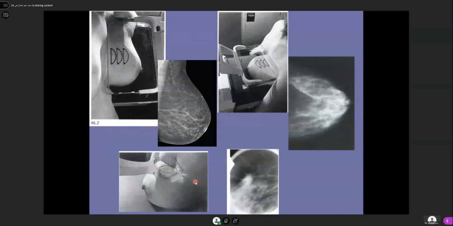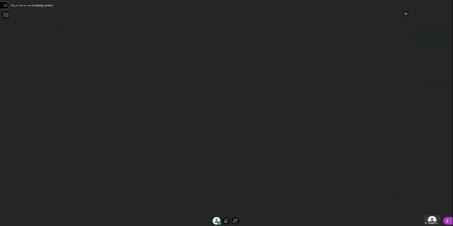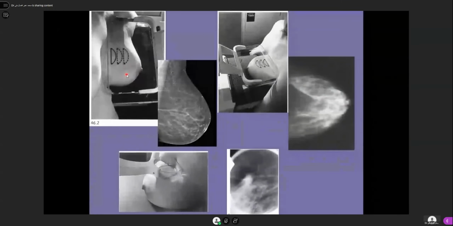So these are images. You can see here that this is the mediolateral oblique view. Why? Because the X-ray beam is given from the medial aspect, and the X-ray film you can see behind the breast tissue, laterally. So the projection of the beam is mediolateral.